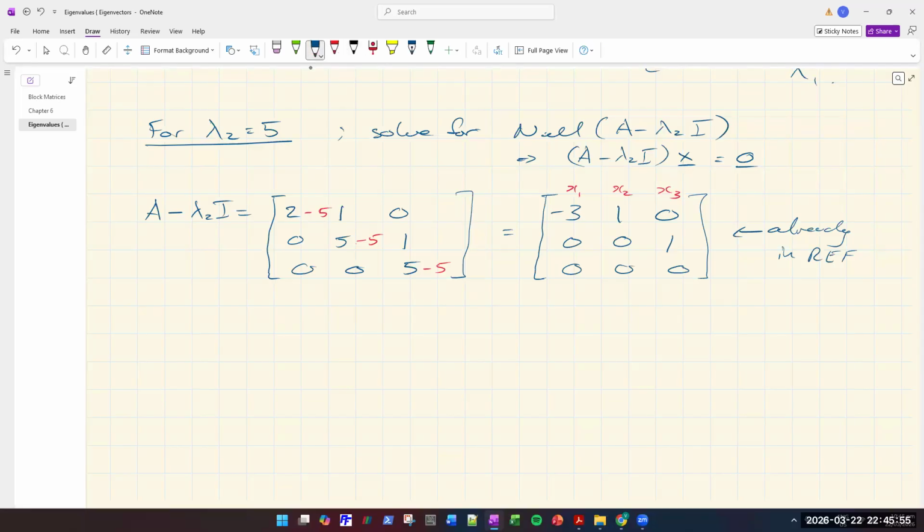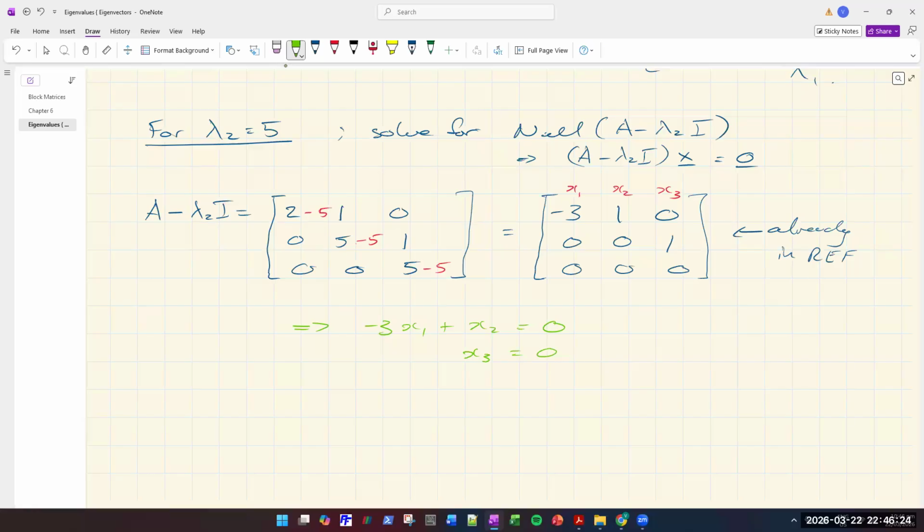So we convert back to a system of equations. That gives me minus 3x1 plus x2 equals 0. The second row gives me x3 is equal to 0. And the third row doesn't give me any information; the third row is just zeros.